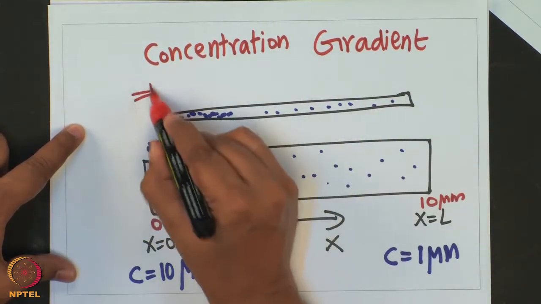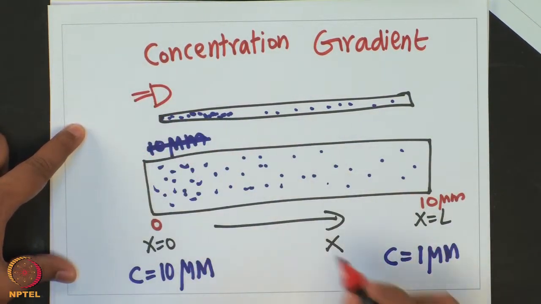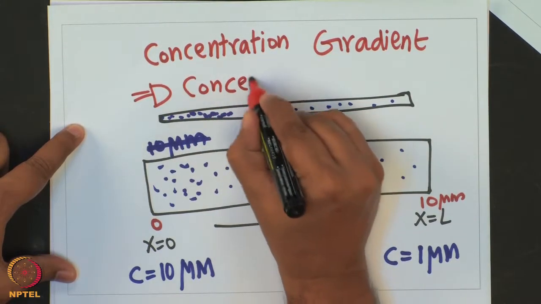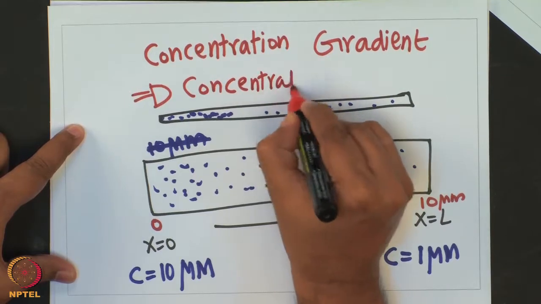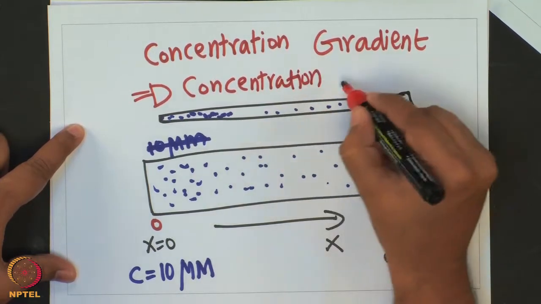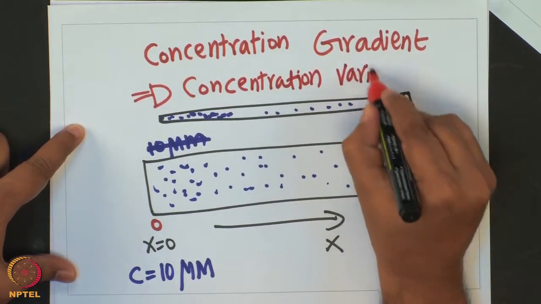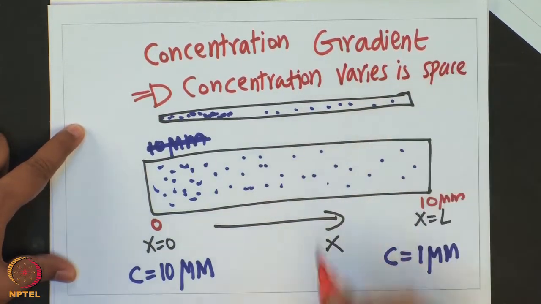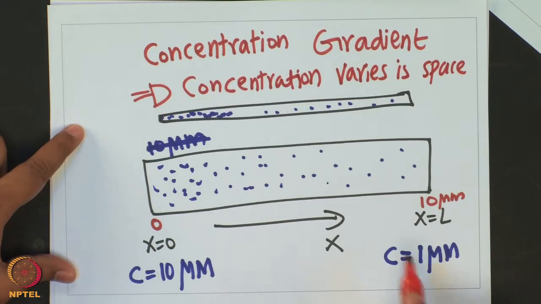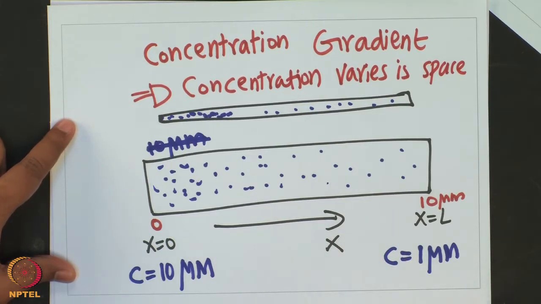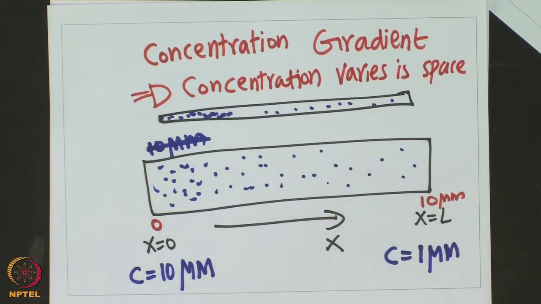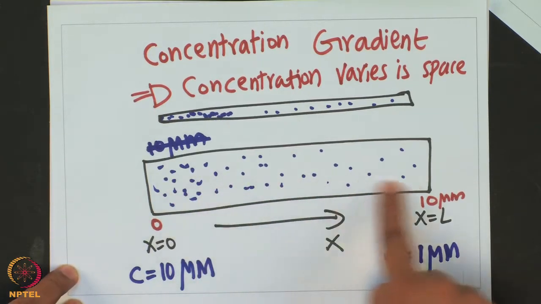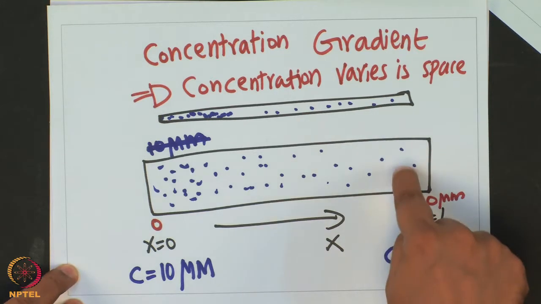It means that concentration is changing in space. Concentration varies in space. So this spatial variation of concentration, that is high concentration here, and as I go along the space I have low concentration here.